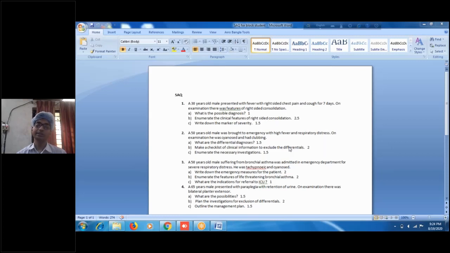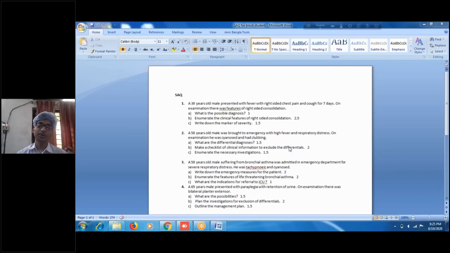Now, as this question is wide open, the diagnosis will vary from person to person. Hence, the question asks: what are the differential diagnoses? That is, multiple diagnoses are possible.